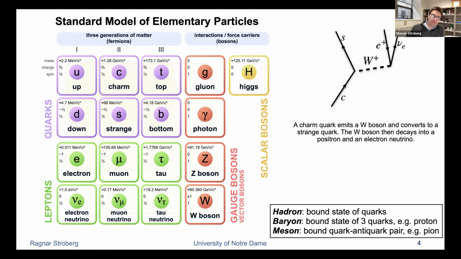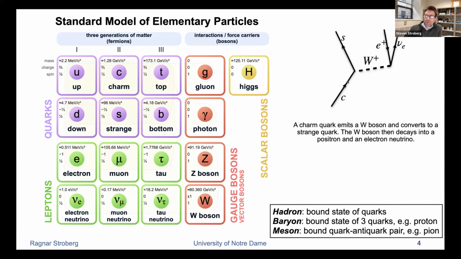The gluon is the gauge boson that mediates the strong interaction between quarks. The photon, hopefully everyone knows, mediates the electromagnetic interactions. And W and Z mediate weak interactions. The Higgs gives things mass, among other things.